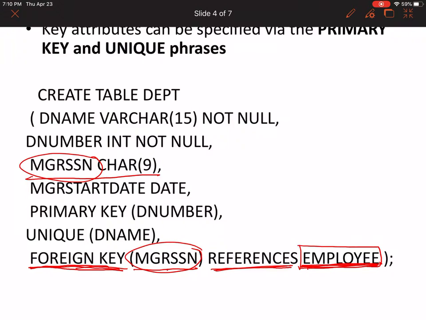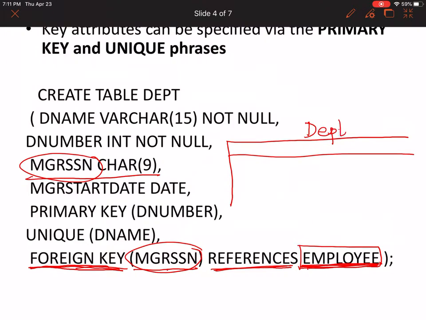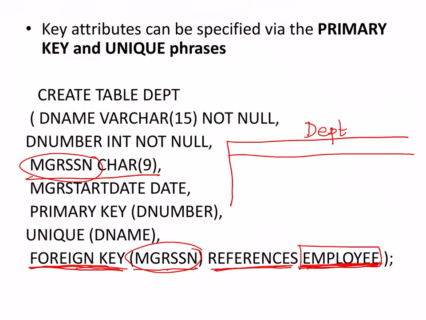So you can imagine this table to be approximately of this structure. So this is our table with the name department. What all fields are there in it? So first field is D name. Excuse me for the handwriting. Then is D number.